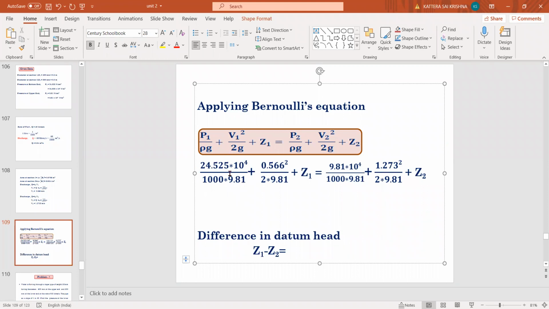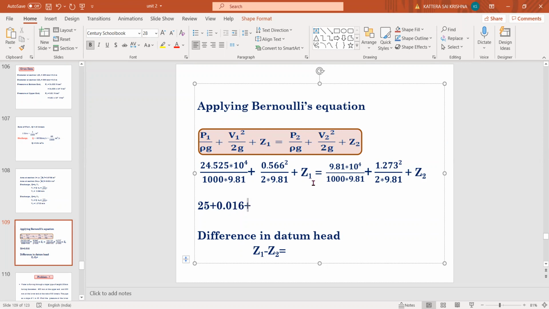Yes, tell the first value. What is this? 24.525 into 10 power 4 divided by 1000 into 9.81. 25. Tell properly. Only 25. Plus 0.016, that is the second term.